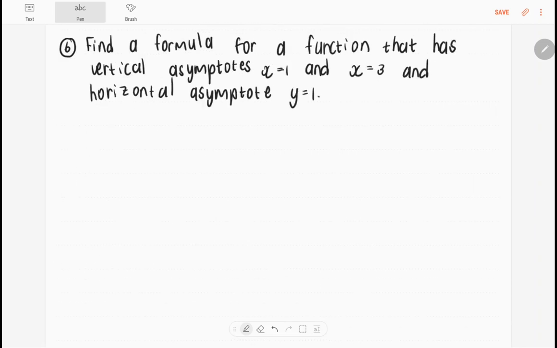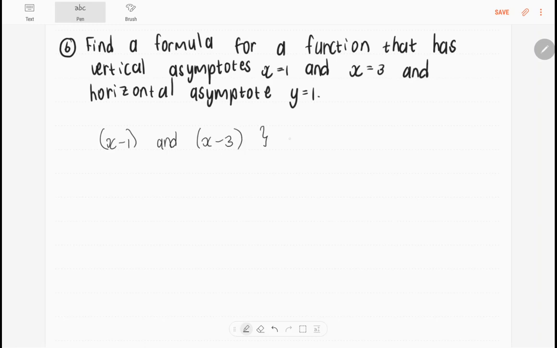Number 6. Find a formula for a function that has vertical asymptotes x equals 1 and x equals 3 and a horizontal asymptote y equals 1. Well, the first thing we can do is look at our vertical asymptotes. It means that the denominator of the rational function that we're looking for has to have the factors x minus 1 and x minus 3.